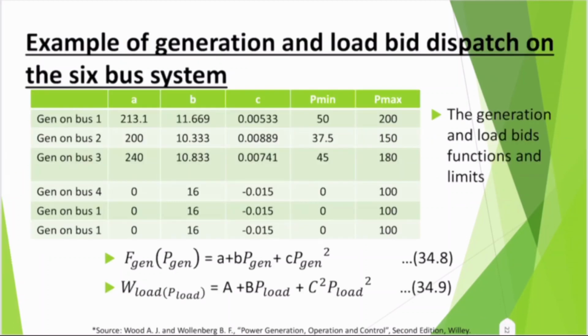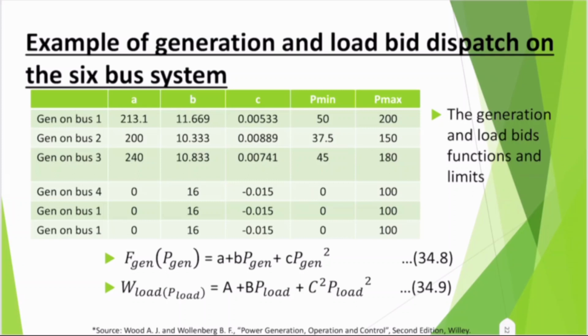Now let us focus on a very interesting example considering generators 1, 2, 3, 4 with different coefficients of A, B, C and with minimum and maximum capacities. Now it is a 6-bus system basically.